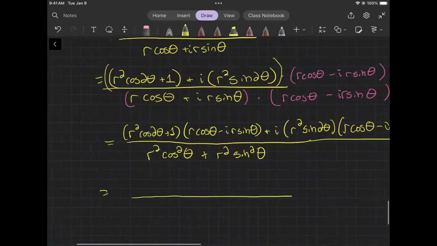So we'll have r squared times cosine squared plus sine squared of theta, which is 1.